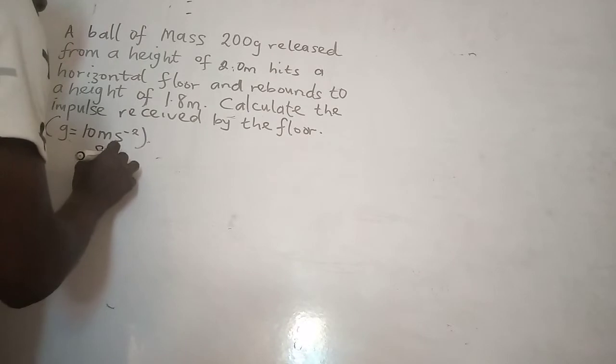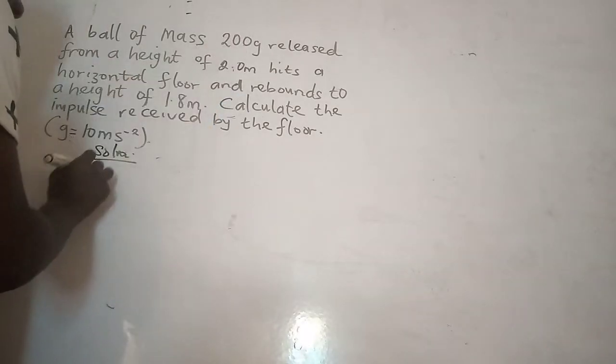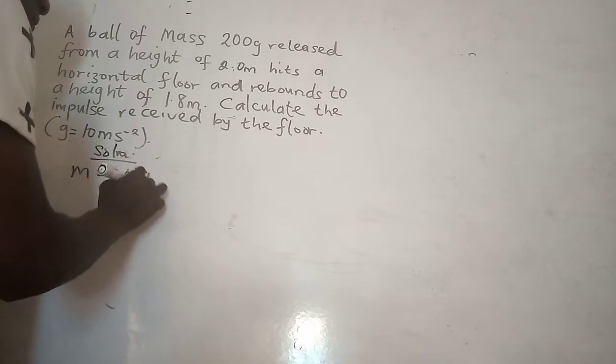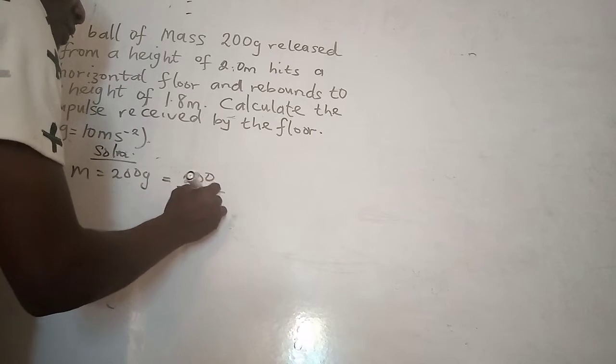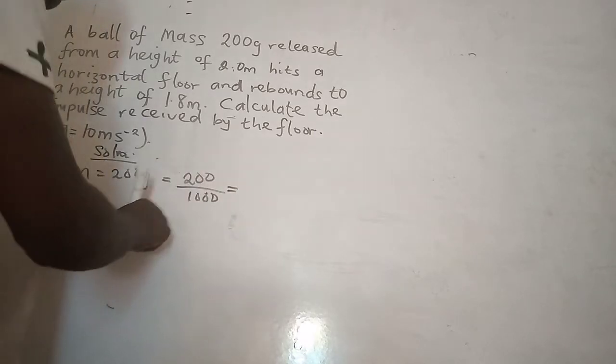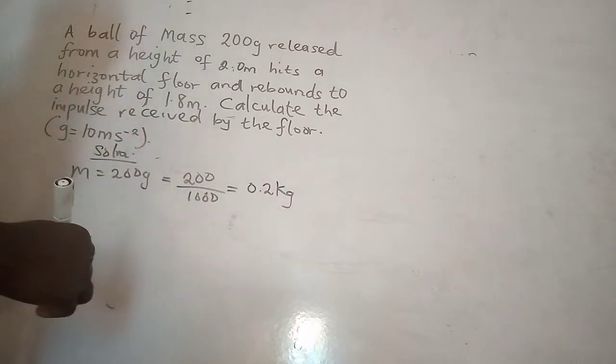So what we simply have to do is to quickly write out the parameters. The mass M is 200 grams. That will give us 200 divided by 1000, since I am going to convert this to kilogram. That gives me 0.2 kilogram.